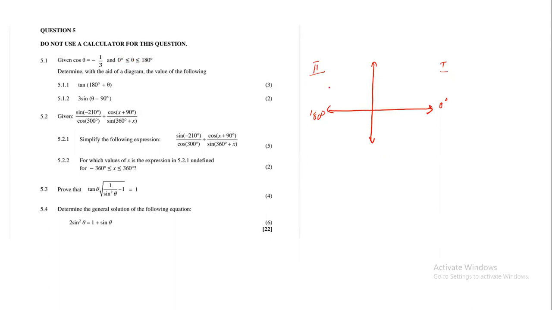Now, in order for us to finalize our quadrant, we're going to utilize this information once more to determine between the two quadrants where we are going to draw our diagram. They say to us cos theta is a negative number, okay? It's -1/3. For now, I'm not interested in 1/3, but I'm only interested in the sign provided to us. So they tell us cos theta is negative.